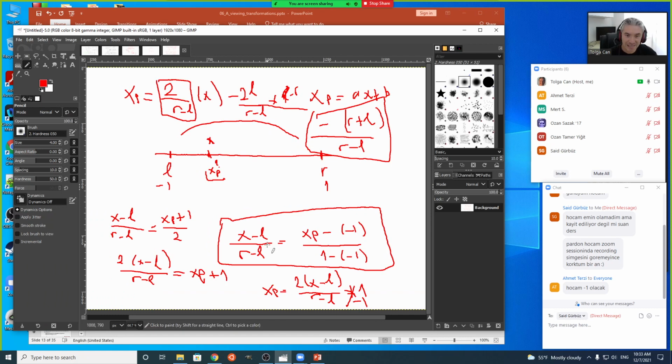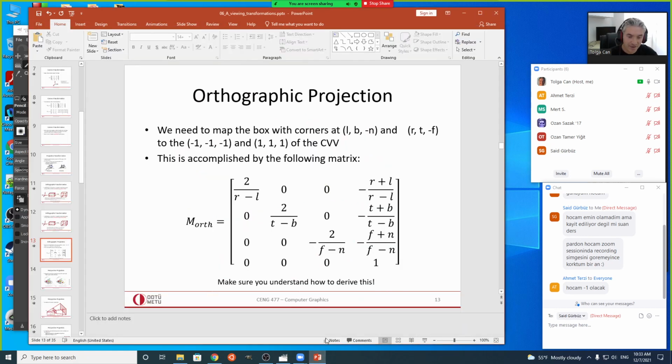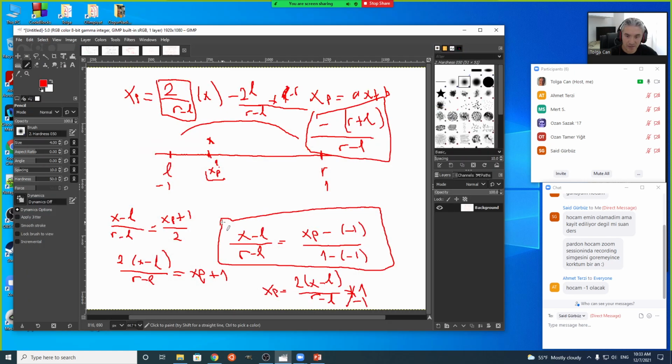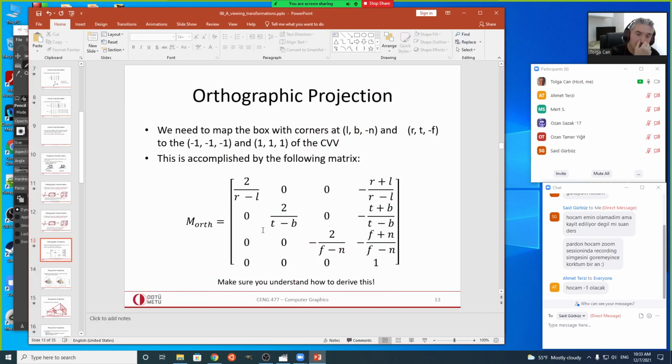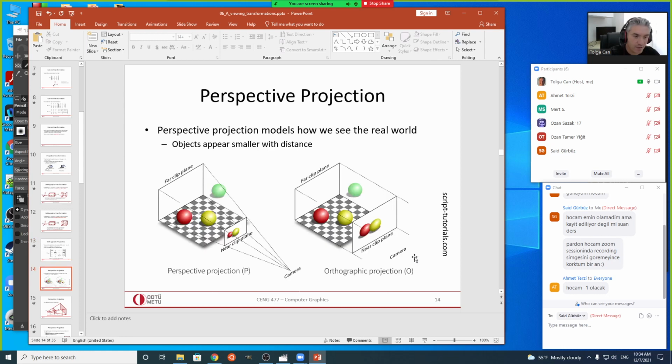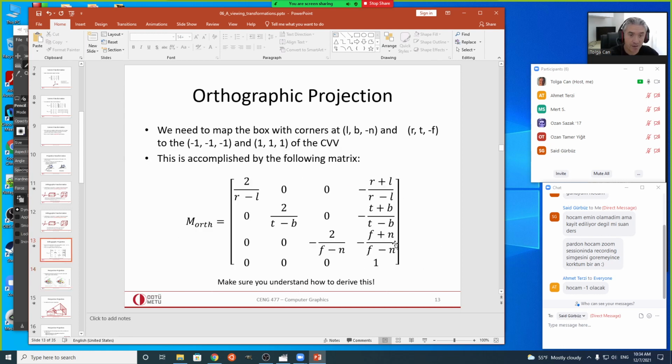So this formula that you see here comes exactly from this simple equation with one unknown only, XP. So this is just linear normalization. After this becomes your orthographic projection. All right. Now, let's have a 10-minute break before we continue.